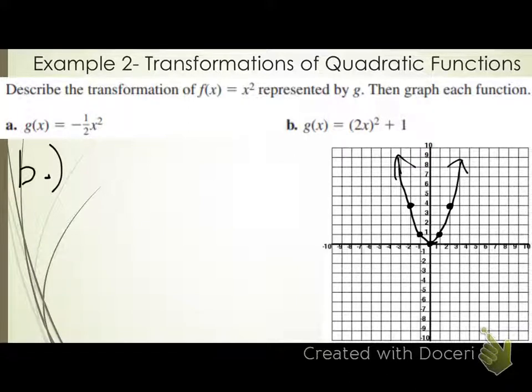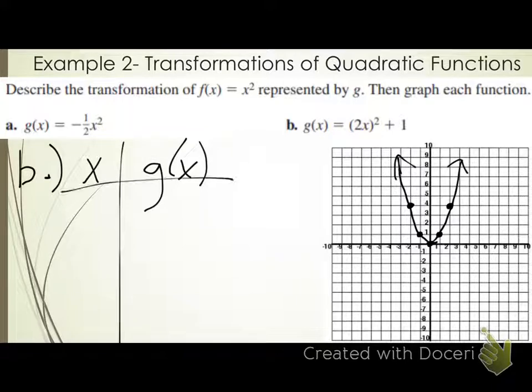Now let's create our table of values for our g of x function. What values do we want to plug in here? Think about it. We're going to be multiplying by 2 and then squaring it and then adding, so it's going to get pretty big pretty fast. Let's try 2. What's 2 times 2? 4. 4 squared? 16. 16 plus 1? 17.